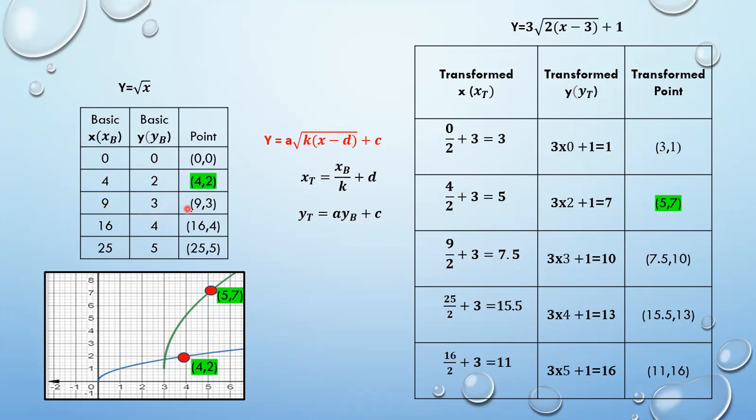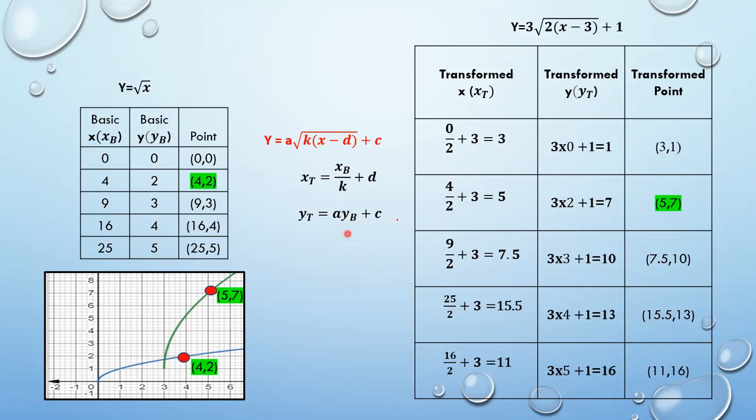So this point 9, 3 will be transformed to 7.5, 10. Likewise, this is transformed to this. This is transformed to this. Then these are the new transformed points of these basic points. So you can plot these points, then you can get this graph.